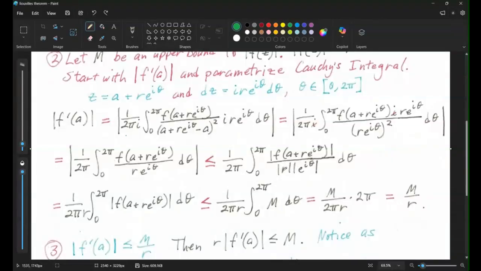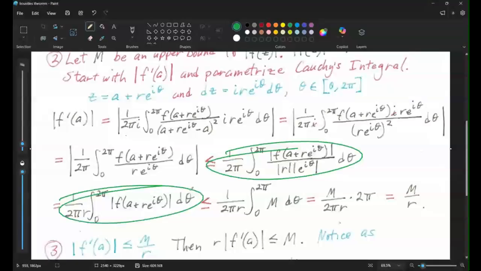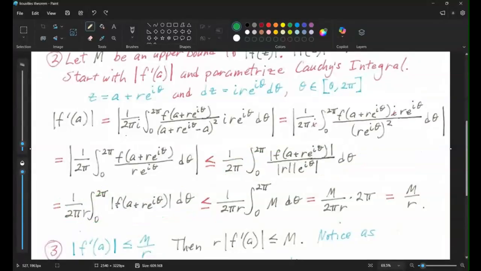Now the absolute value of r is just r, and that's a constant, so it can come out here. And the absolute value of e to the i theta is just 1. So we get from here to here with inequality.